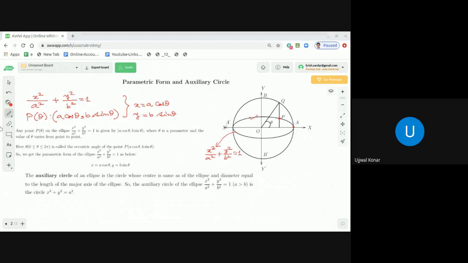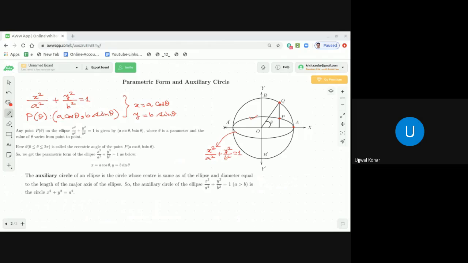Correct, dear students? Now, as we have an understanding of the auxiliary circle of an ellipse, let's look into the corresponding diagram. If you see this point P and this point Q, they are actually related. The coordinate of the point P is a cos theta, b sin theta.